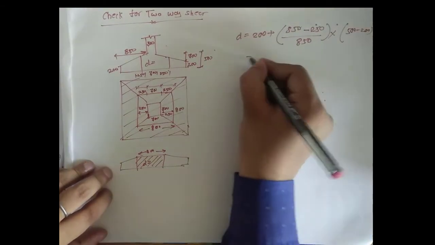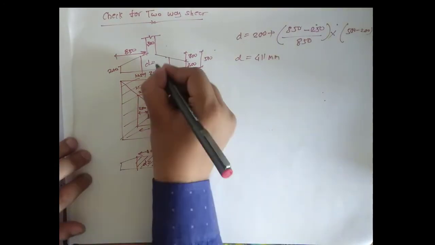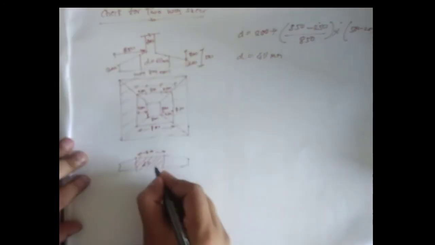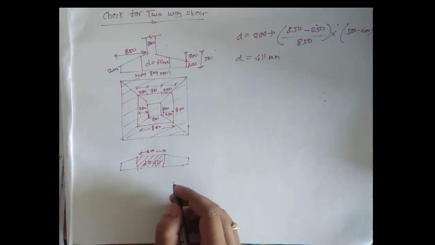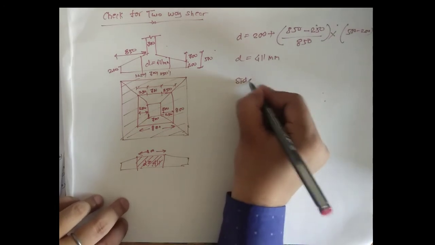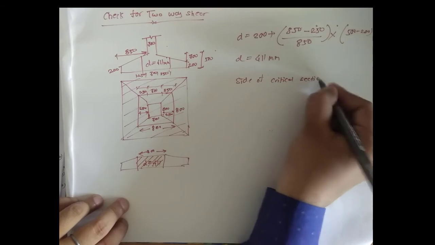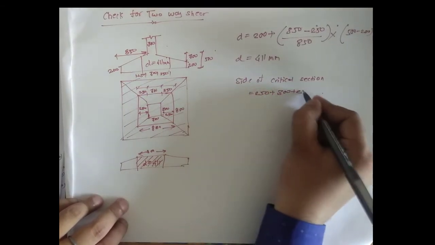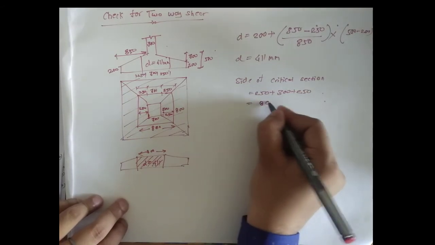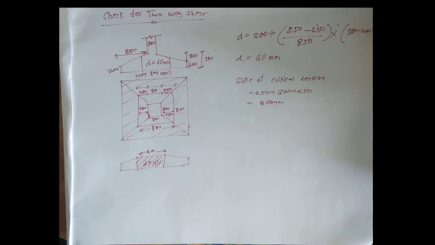So it is coming out to be 411 mm. So your D is coming out to be 411 mm. And the side of critical section, just now I have explained in the figure, is 250 plus 300 plus 250. It is coming out to be 800 mm. I hope this step is clear to you now.